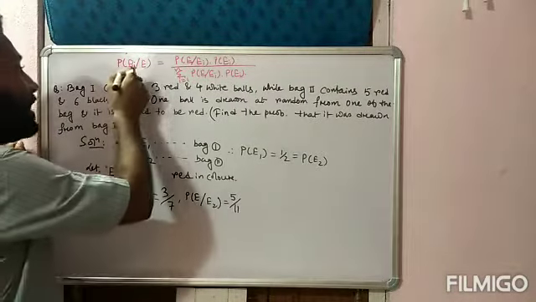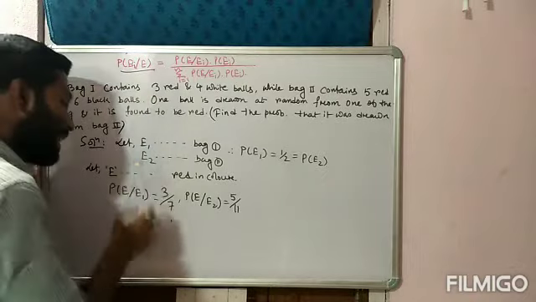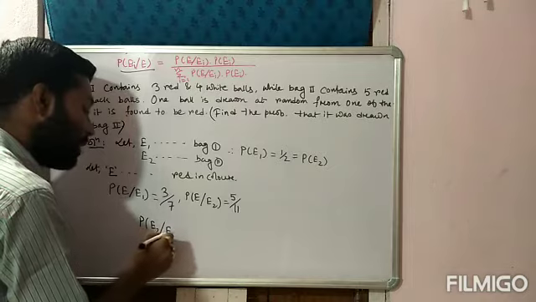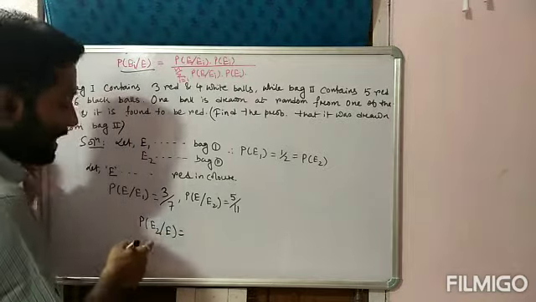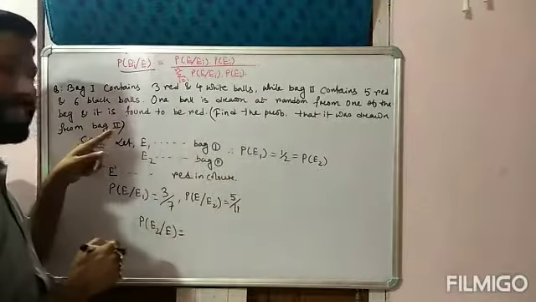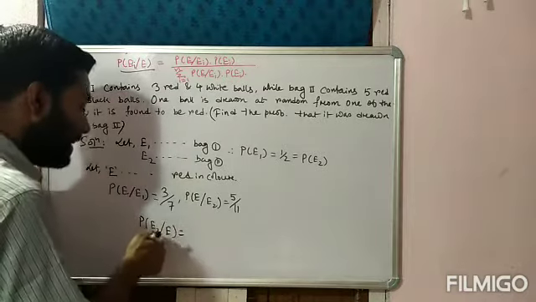अभी जो फॉर्मूला लिखा गया यहाँ पे P of Ei/E लेफ्ट हैंड साइड में, तो यहाँ पे i का वैल्यू क्या होगा अकॉर्डिंग टू आवर क्वेश्चन? i is here 2. Why? Because you have to select the red ball from the second bag, and the second bag event I have denoted by E2. So that's why you have to find P of E2/E.